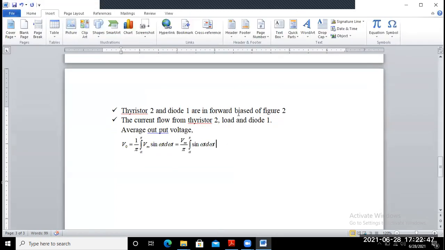So just we can write the integration value for this sine. What is the sine integration? It is minus cos omega t. So put here the limit of minus cos omega t, alpha to pi.